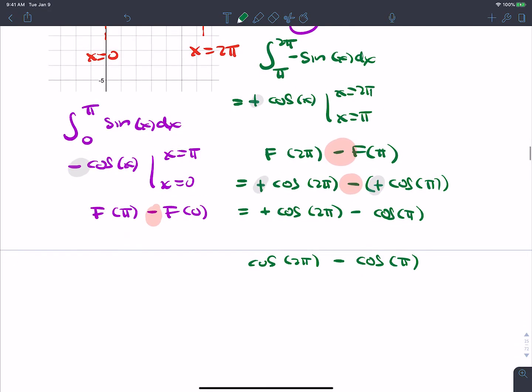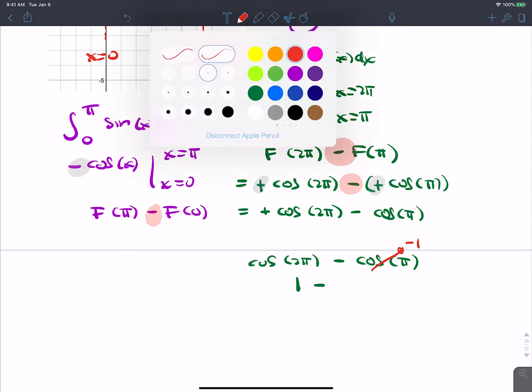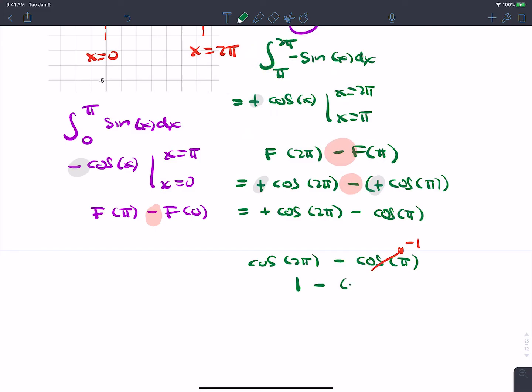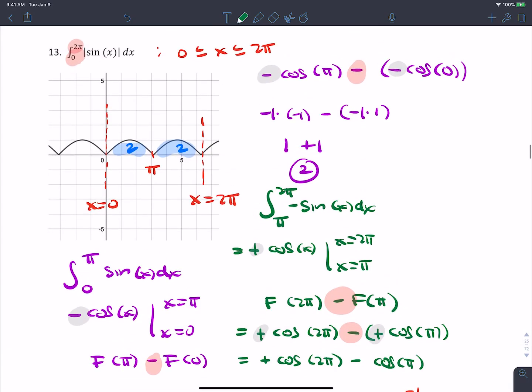All right, what's cosine 2 pi? 1 minus, what's cosine pi? Isn't that negative 1? 1 plus 1, which is what? 2. So as you can see, we did find that this portion was 2 here in green, right?